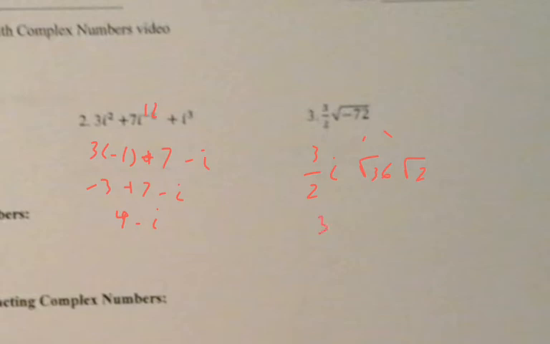So we get 3 halves i times 6 times rad 2. 3 halves i times 6 is 9i rad 2.